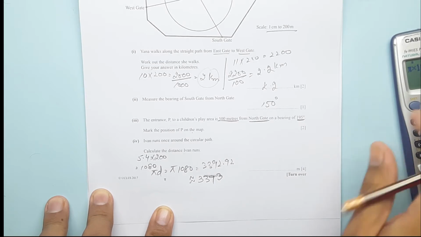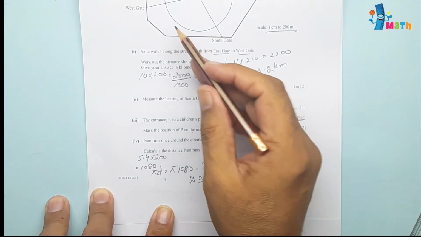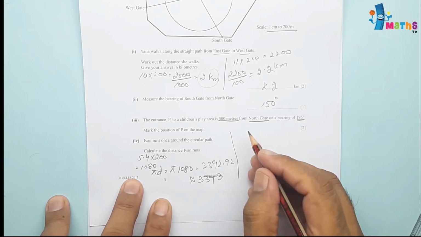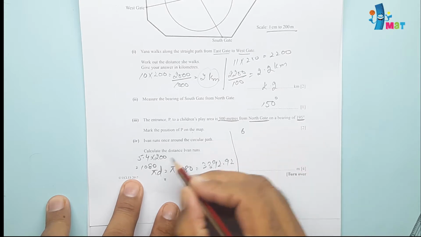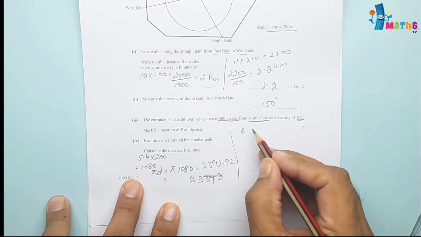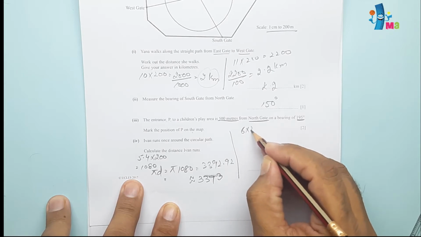Now, according to the marking scheme, they have taken this measurement of diameter as 6, instead of 5.4, because the original drawing will have diameter 6. So we will multiply by 200.